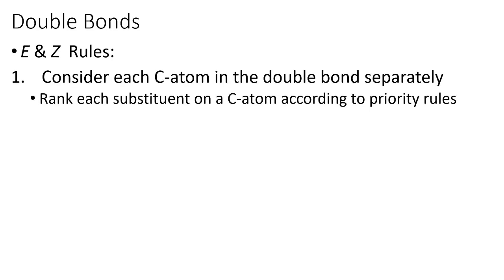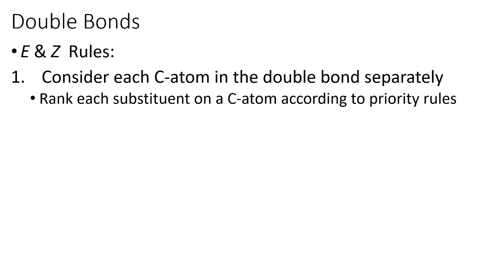So let's look at our rules for assigning E and Z around our double bonds. Remember, we're going to use these if we have tri and tetra substituted double bonds, within a ring, or also multiple double bonds within our structure. So the first thing is we're going to focus on the double bond, and we're going to look at each carbon within the double bond by itself.